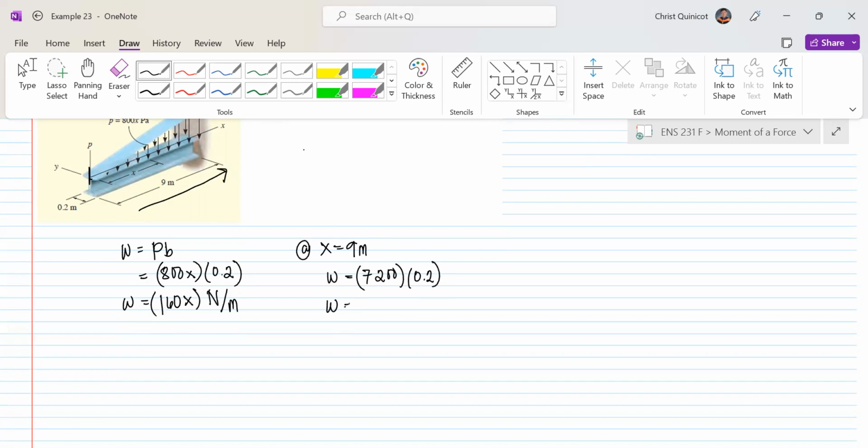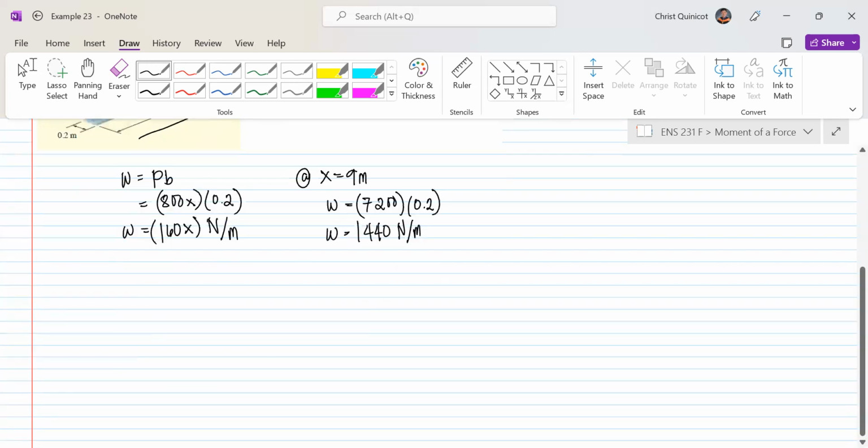So our W at 9 meters is 7,200 times 0.2, which becomes 1,440 Newton per meter.